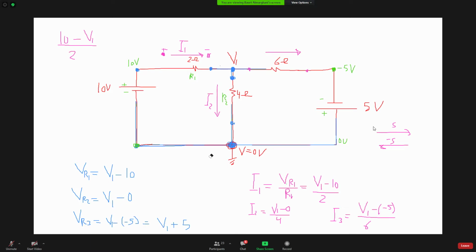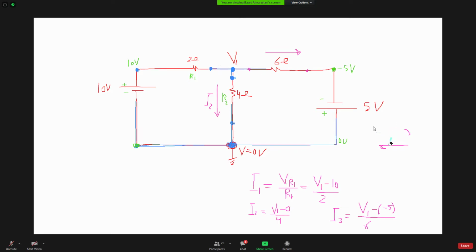Okay, can I erase all this? I'll stay with my first currents. This is I1 and this is I3.